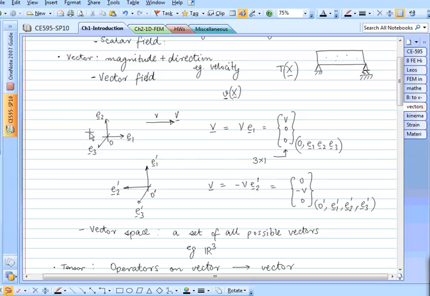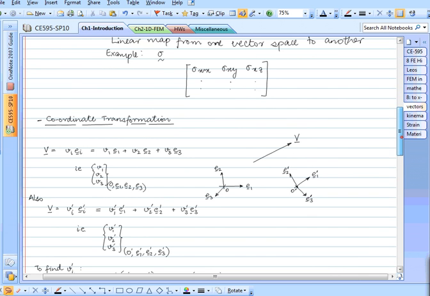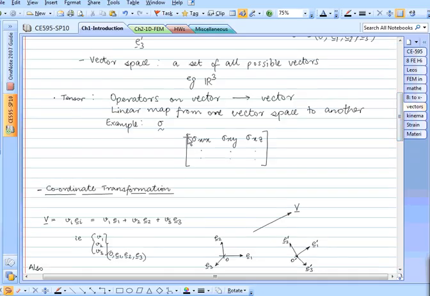If you choose one coordinate system, you get one set of components. If you choose another coordinate system, you get another set of components for a vector. The exact same thing happens in a tensor. If you choose one set of coordinate axes, you are going to get one set of 9 components. You choose another set of coordinate axes, and you are going to get a different set of 9 components. And do you guys remember the Mohr's circle?